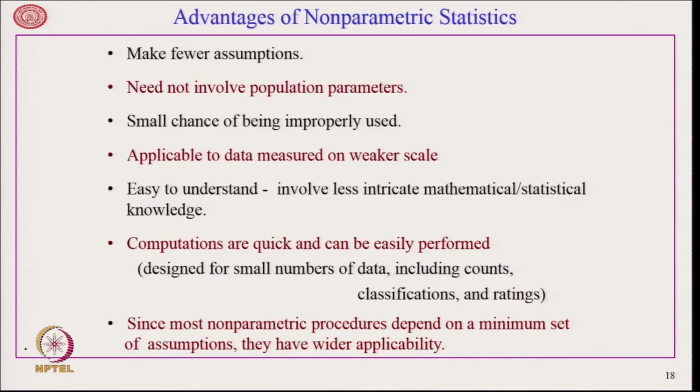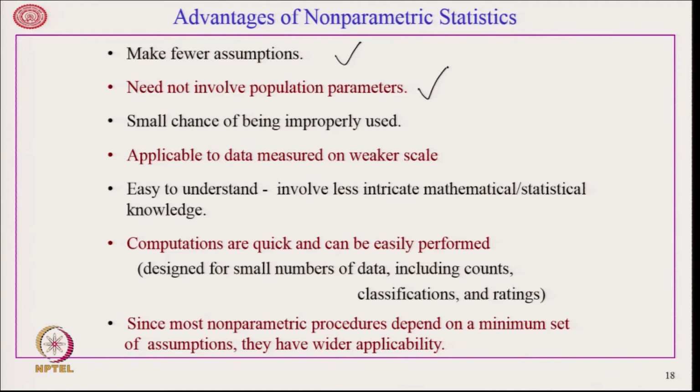Therefore, the question comes, what are the advantages of non-parametric statistics? It makes fewer assumptions in comparison with the robust statistical procedures. It need not involve population parameters. We are not bothered about the distribution parameters.